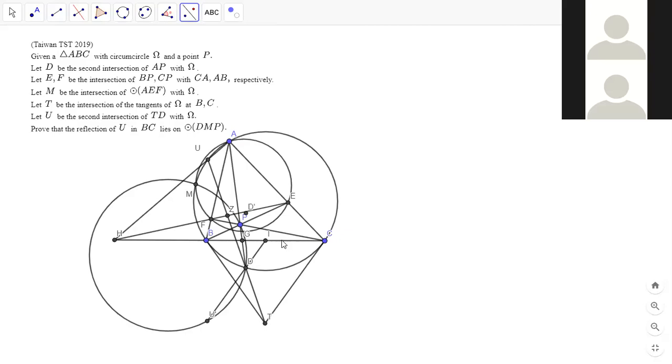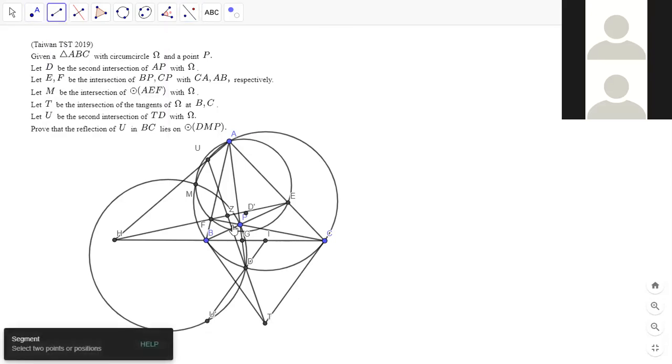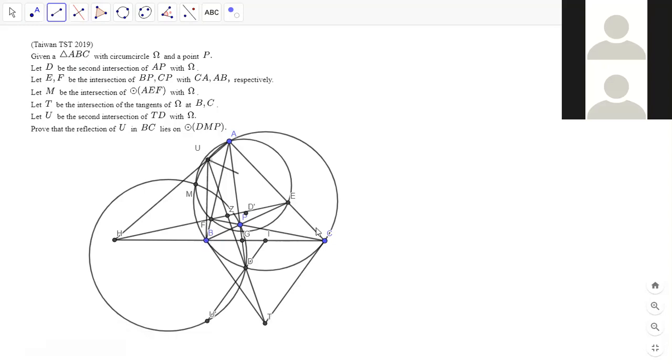And we all know that the Humpty point of triangle BUC lies on the median of U. Yes. Okay, so D prime is the Humpty point of BUC. Interesting. That's a well-known fact. And if you use that fact, that proves that U prime, D, and I are collinear.